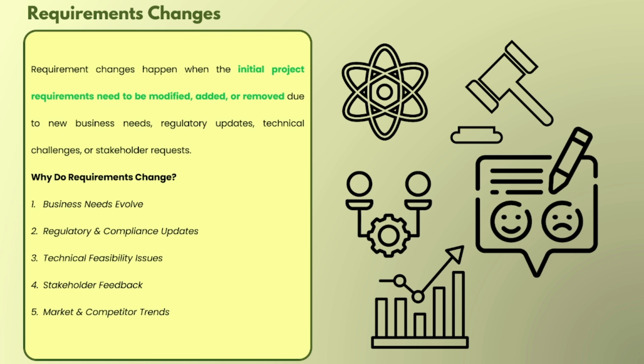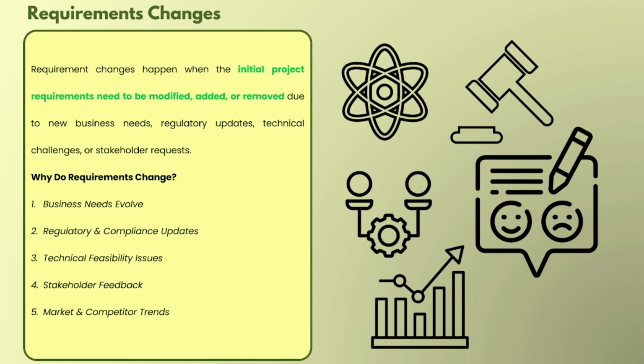Maybe we have to add something new or remove something or modify what we had earlier. Well, this usually happens because the business needs change. There might be some new rules or regulations, we may hit some technical roadblock, or maybe stakeholders ask for something different. So in short, it is just adjusting your plan to keep up with real world situations.